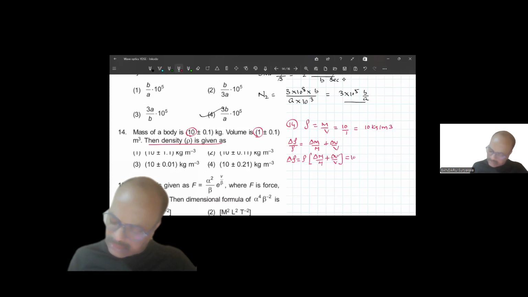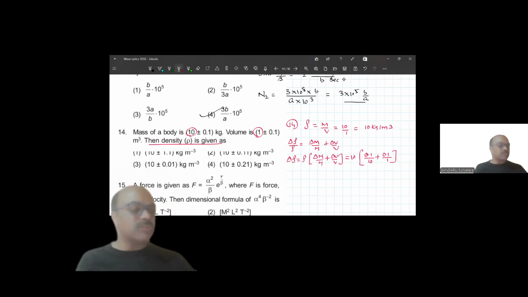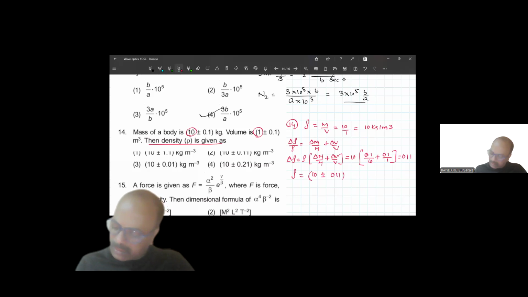This is 10. Delta M is 0.1 by 10. This is 0.1 by 1. So if you do the calculation part, we will get 0.11. So the answer is density equals 10 plus or minus 0.11, kg by meter cube. So option 2 is the correct answer.